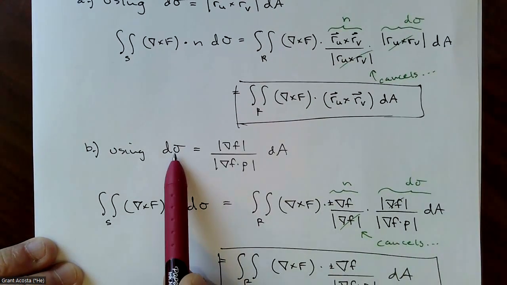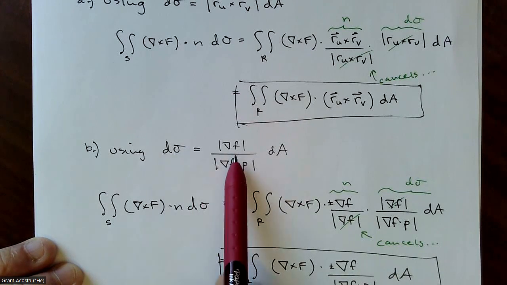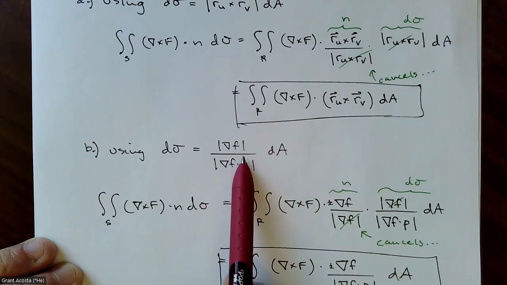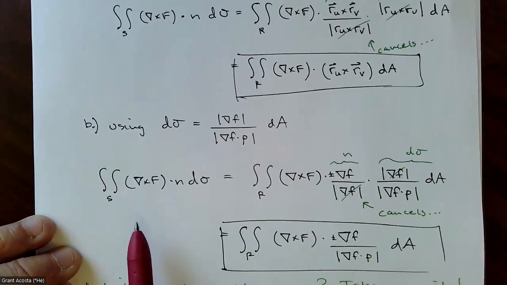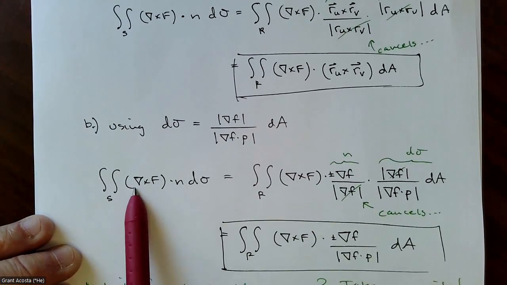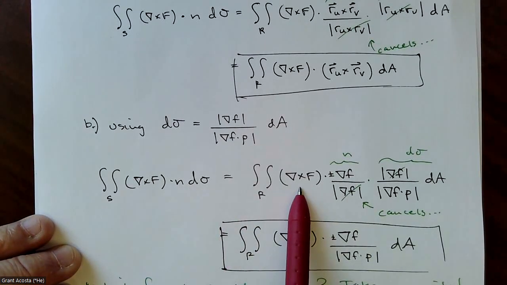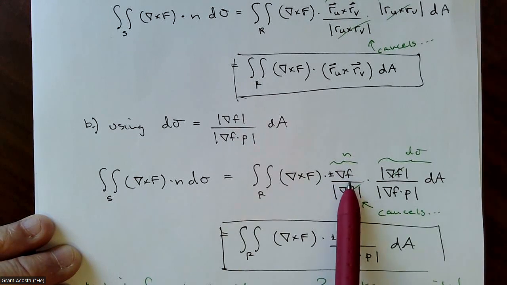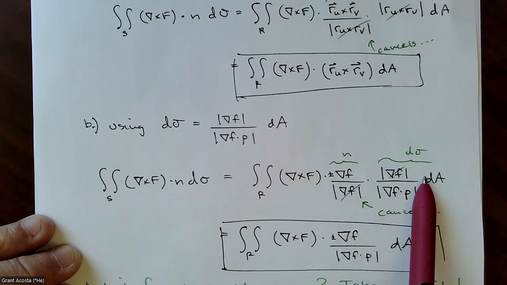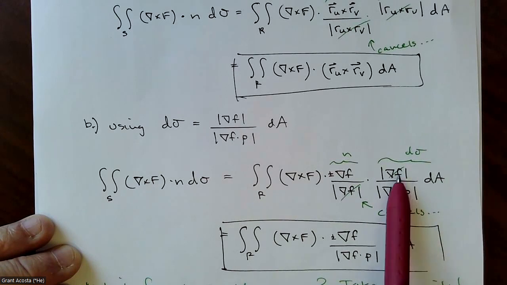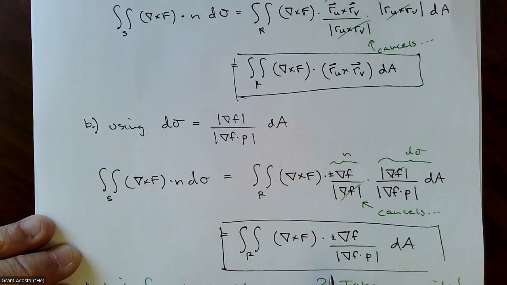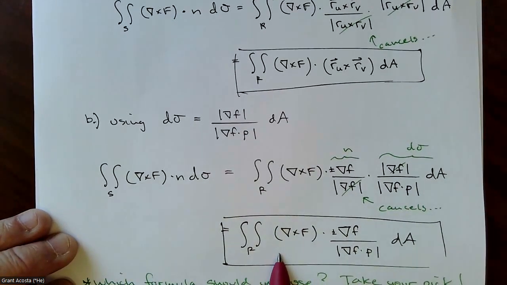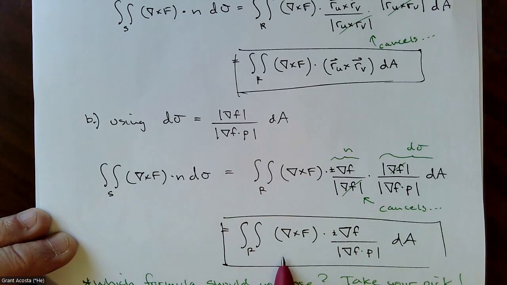Likewise, remember, we have another formula for d sigma using the gradient vector, and in which case our surface integral will have this form. I use n as the gradient divided by its magnitude. Use this for d sigma, the gradient vector cancels out, and we're left with this formula for our surface integral for flux of the curl.